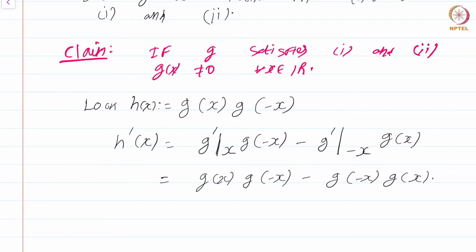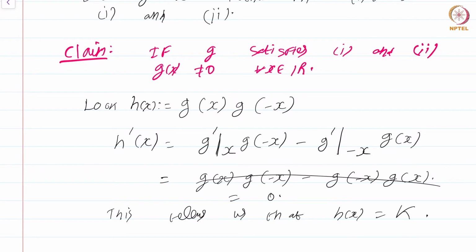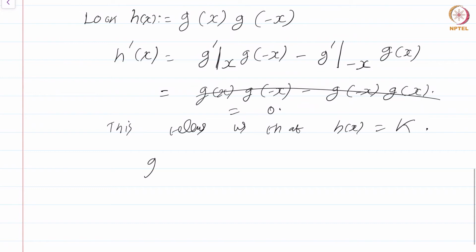So that's why I'm introducing this notation. Now everything just cancels and you get 0. Okay, so what does this tell us? Well, this tells us that h of x is some constant, let's say k, which means g of x into g of minus x is just this constant k.